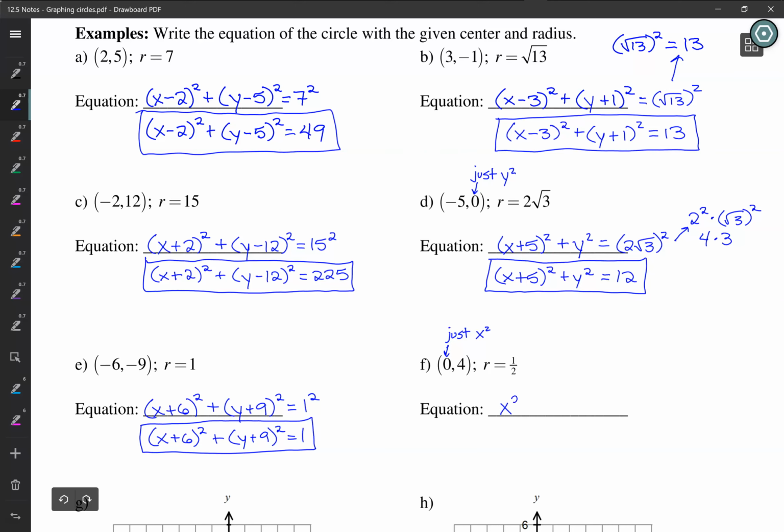So we have x squared plus y minus 4 squared equals r squared. 1/2 squared means 1/2 times 1/2. That's 1/4. So it's x squared plus y minus 4 squared equals 1/4.